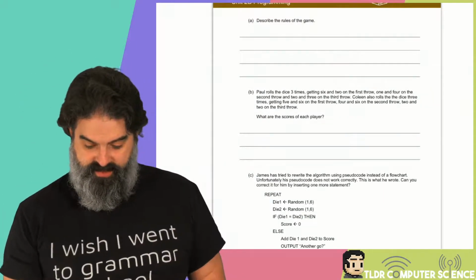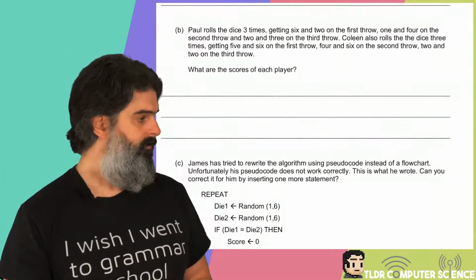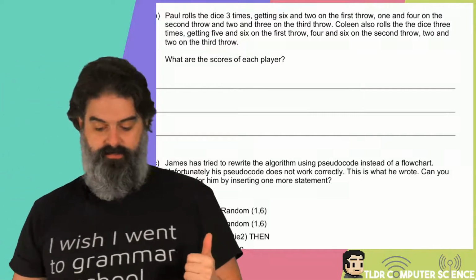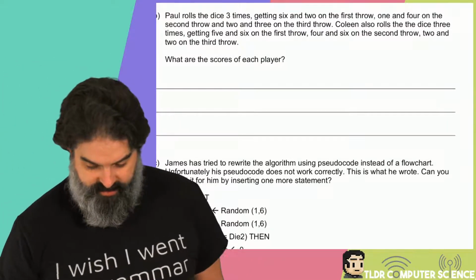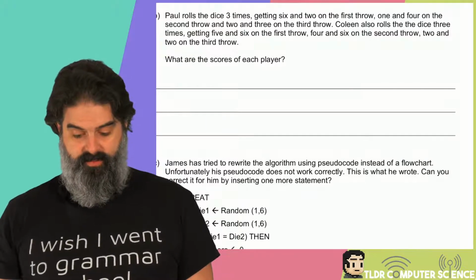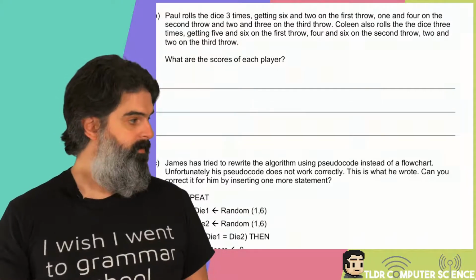So in here, it just says, Paul rolls the dice 3 times, getting 6 and 2 on the first throw. All right, so you got 6 and 2, 1 and 4 on the second throw, and 2 and 3 in the third throw.